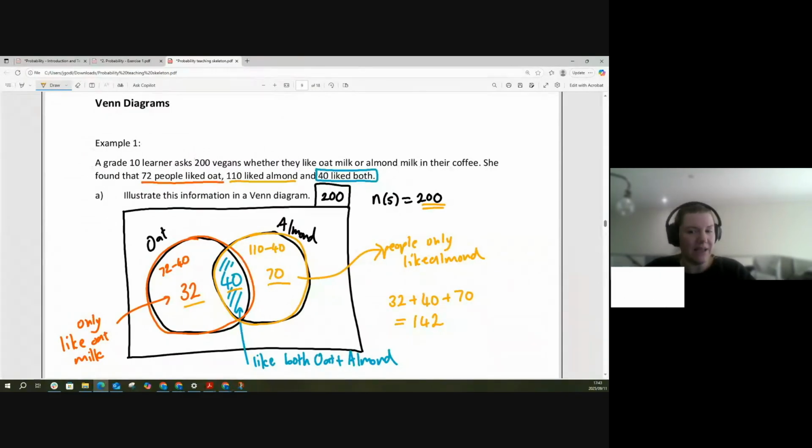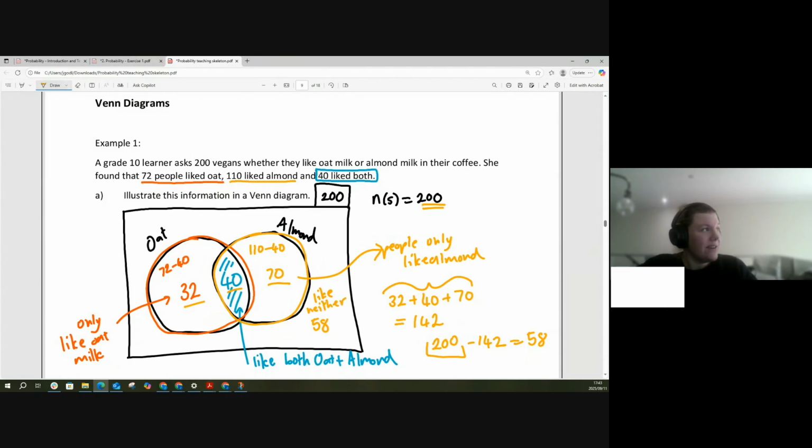What does that mean? Exactly. 200, which is our full sample space, minus the 142 that we've accounted for over here, gives us 58 people. And those 58 people, they like neither. They don't like oat or almond.